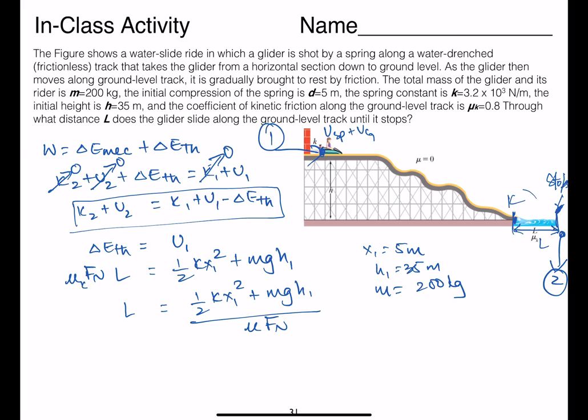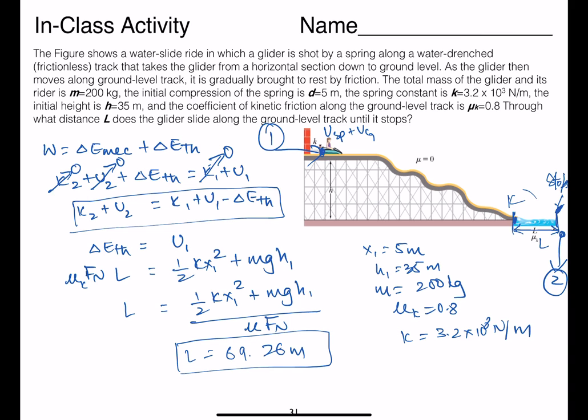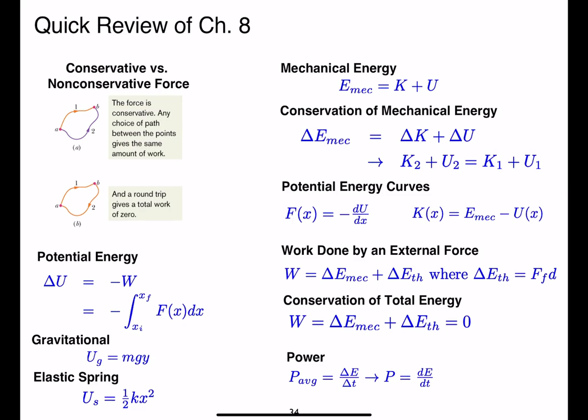Mu k is 0.8. That's a lot of friction. The k value is 3.2 times 10 to the power 8. So plugging in all those values, you should get L to be 69.26 meters.